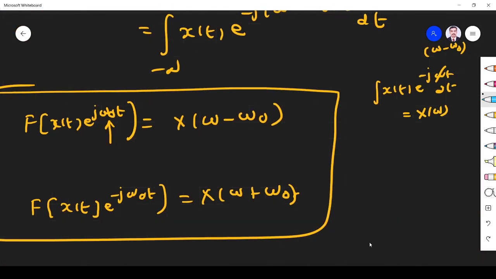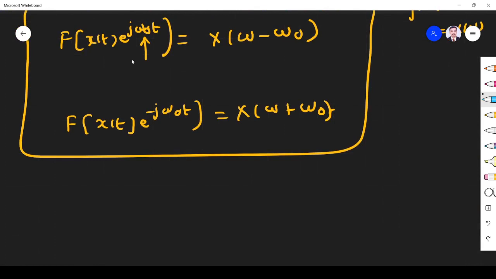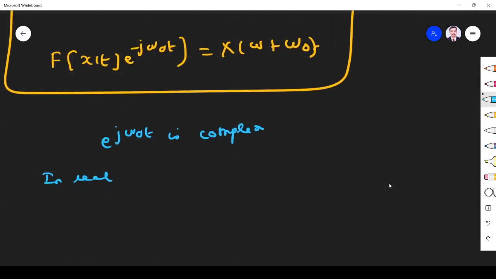Since we have multiplied x of t with e power j omega naught t, but e power j omega naught t is a complex function, we cannot generate it in real time. In real, we cannot multiply x of t, your signal, with e power j omega naught t, because it is complex and cannot be created.